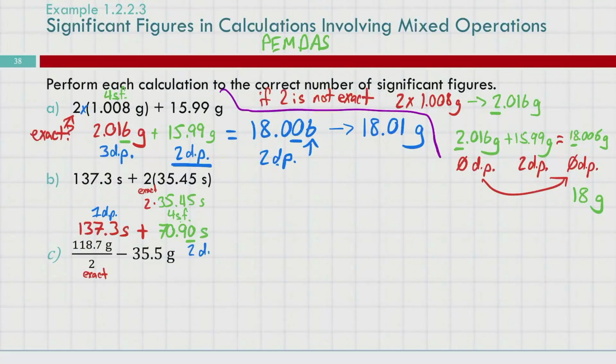So we're going to pick for our answer how many decimal places? 1 decimal place for our answer. So 137.3 plus 70.90, 208.2 is what our calculator tells us. Is that the correct number of decimal places? It is. Perfect. So that's our answer, 208.2.